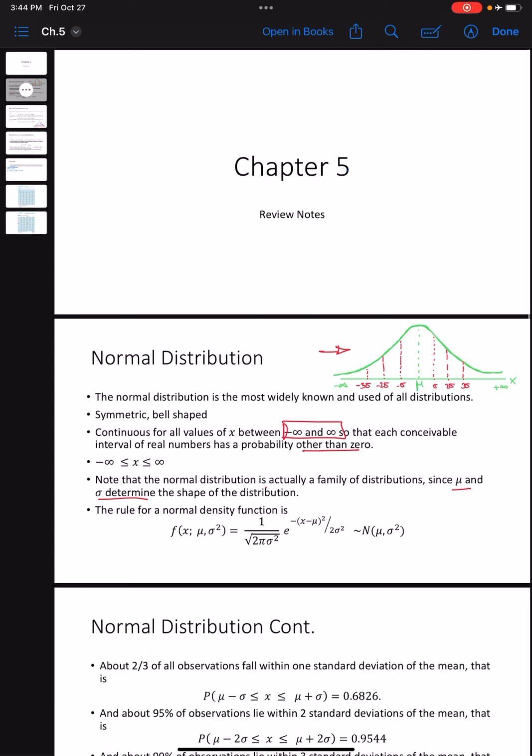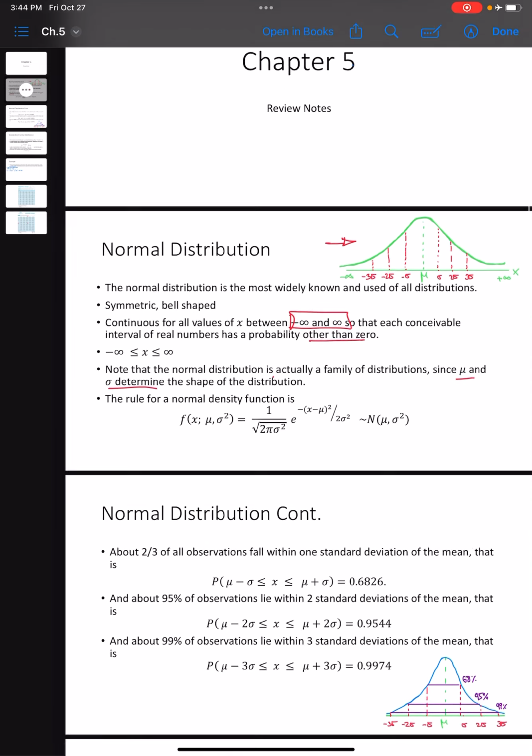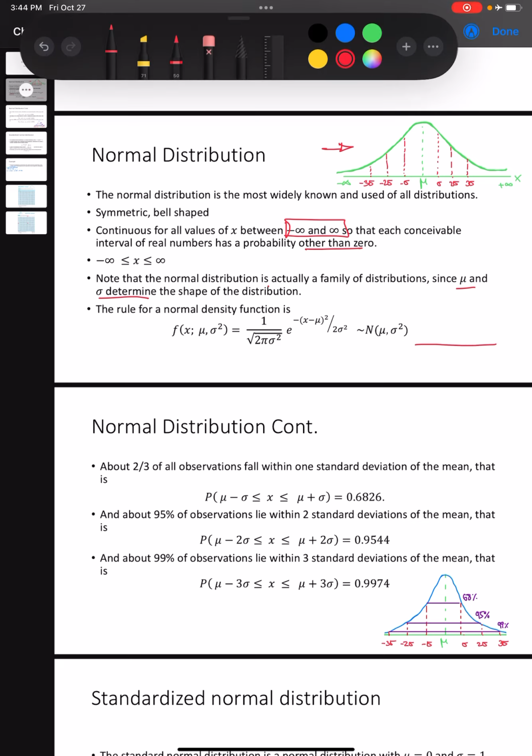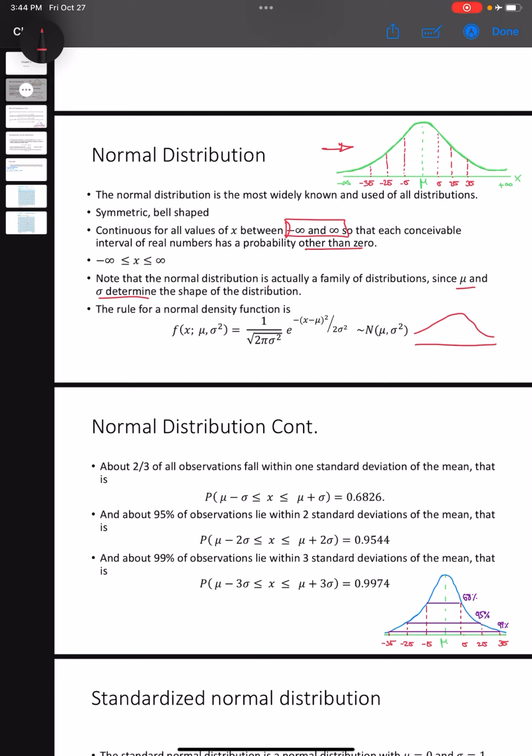So basically, we know that the bigger the sigma gets, the wider the curve will be, and as the sigma decreases, the curve will also be pointier. Also, this is the density function used to get the normal distribution.